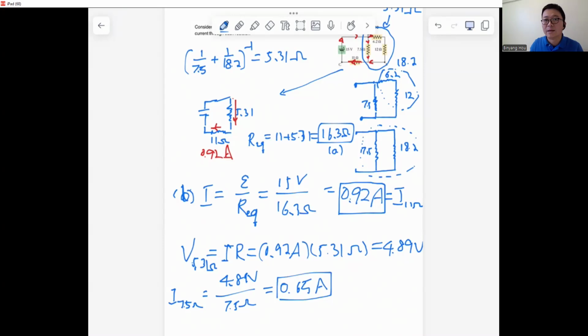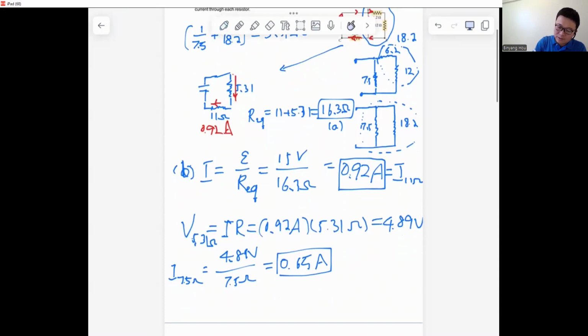Okay. The same thing you can do with the voltage across these two. Okay. So they are in series, so they will share the same current, so we're looking for the current across these two. Okay, so we're looking for current there. So I on the 6.2 is the same as I on the 18 ohms.